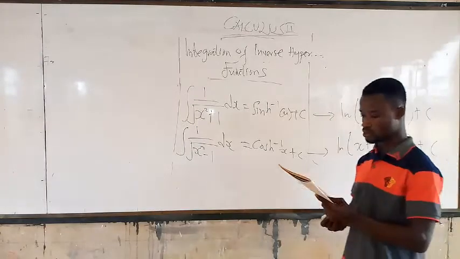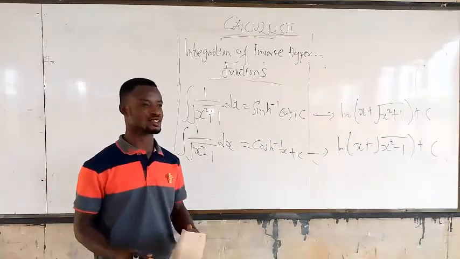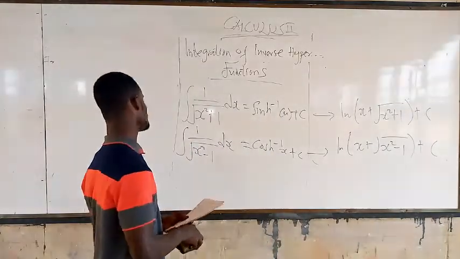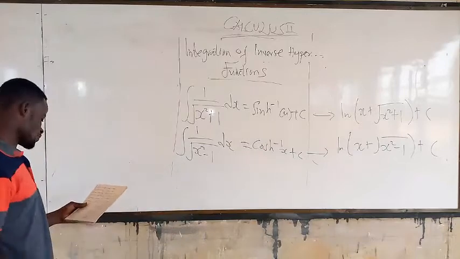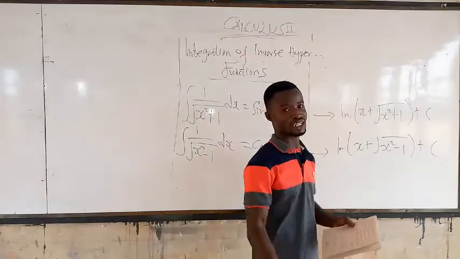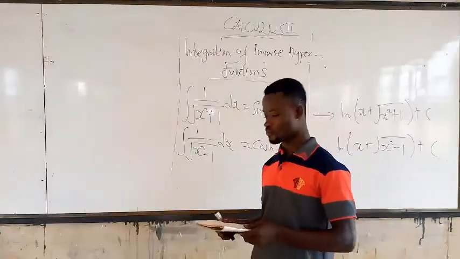Alright, so let's look at one or two examples. In fact, let's look at one example. The idea of solving it is the same as the one that we did with inverse trigonometric functions.